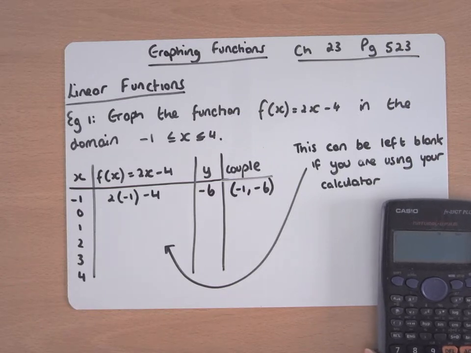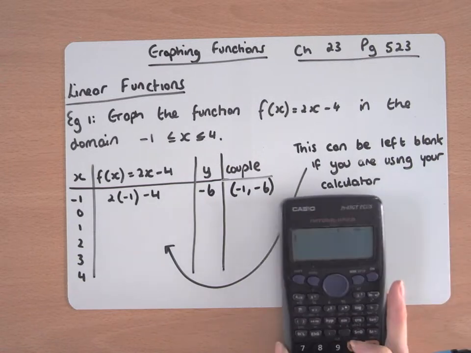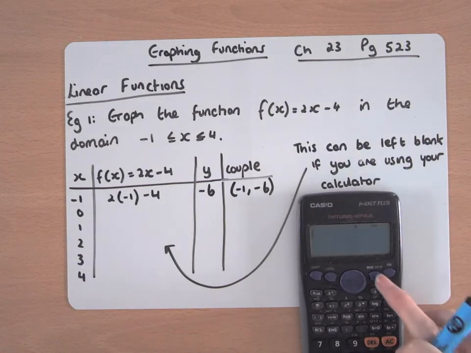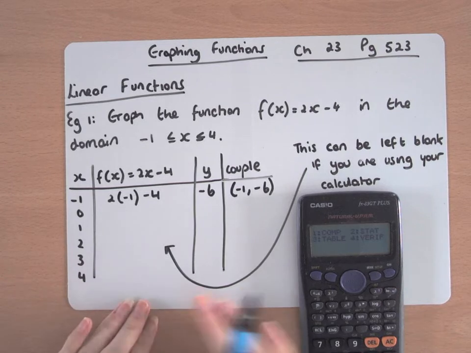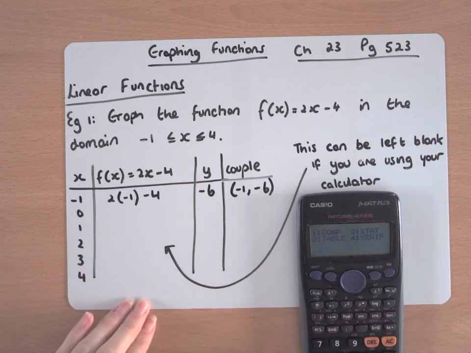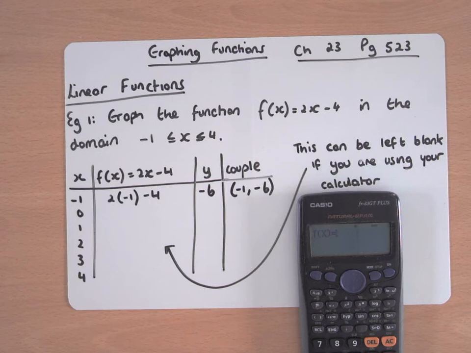So, we need to set our calculator up. Now, depending on the type of calculator you have, if you have one like me, you're just going to press mode, and then I want a table, so it's mode 3. Does anyone have the newer type of calculator?